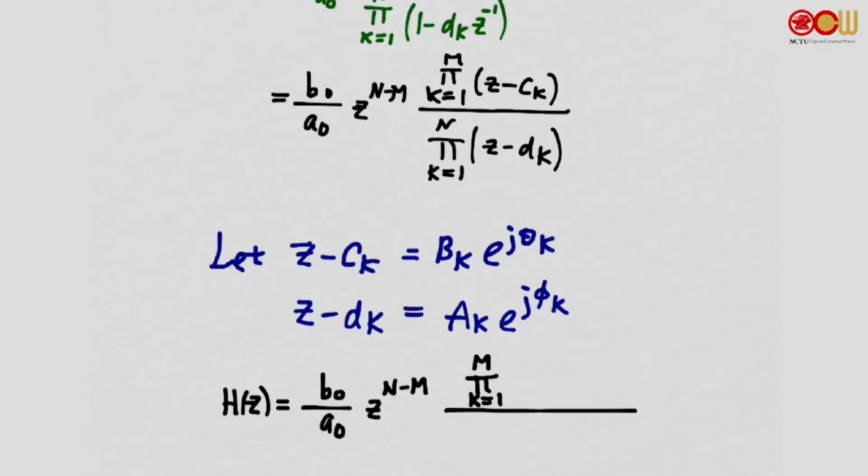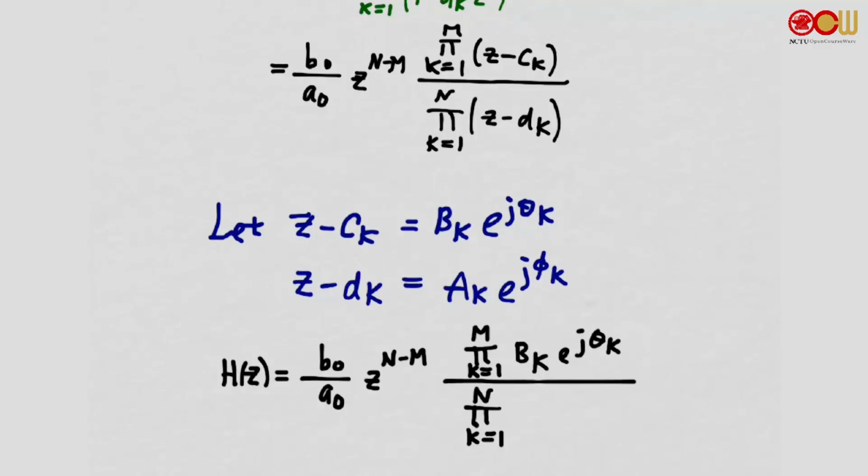Now let's replace z minus c_k by b_k e^{jθ_k}, and z minus d_k by a_k e^{jφ_k}.